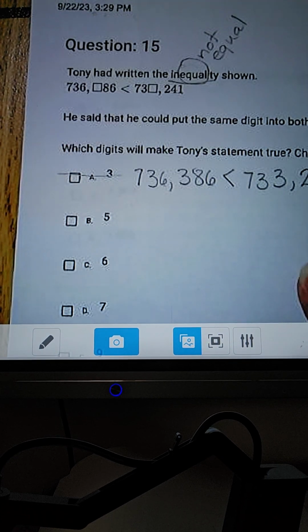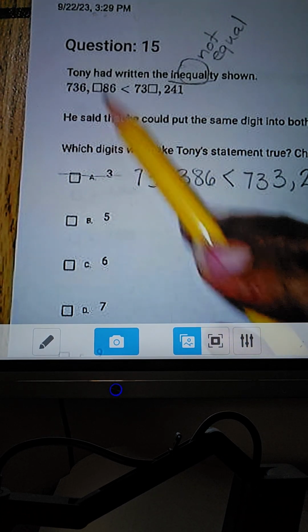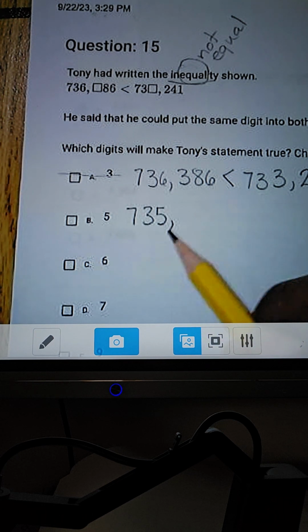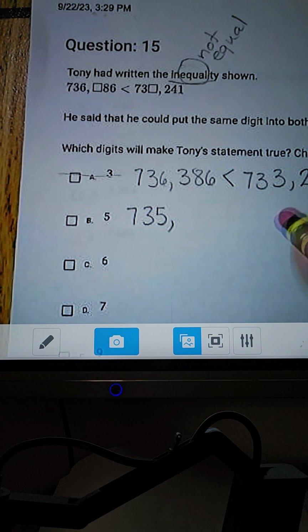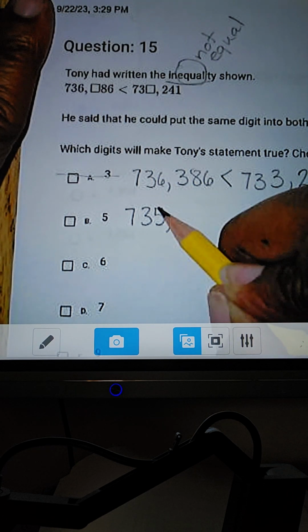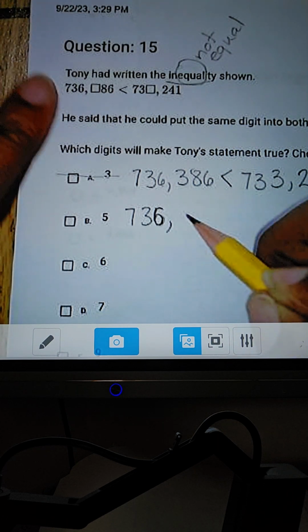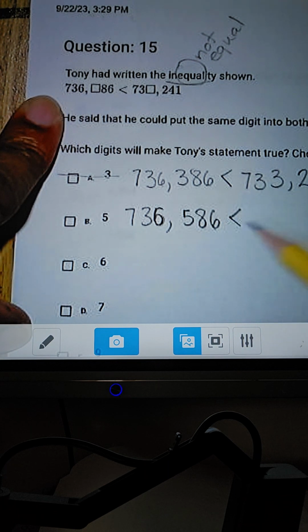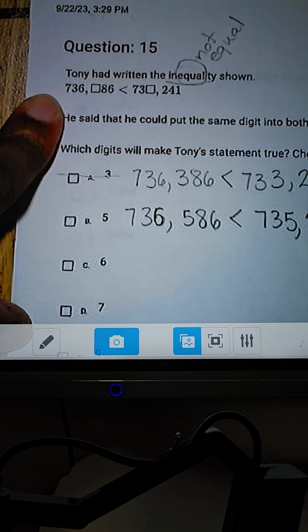Part B. So let's try the 5 in that blank. 736,586 is less than 735,241. Is that correct?